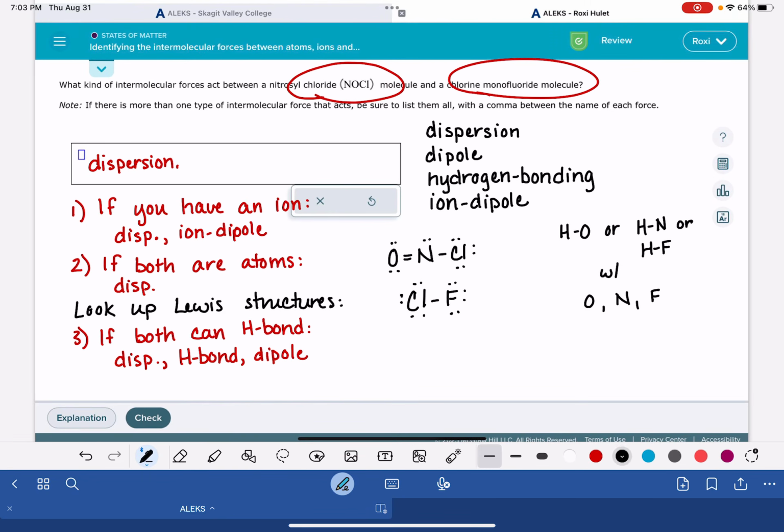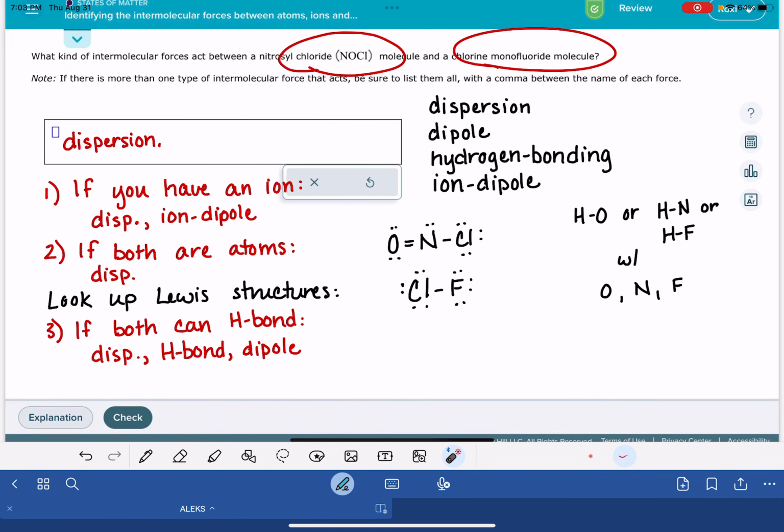Now, if none of these apply, like in my case, I don't have ions, I don't have single atoms, they are not capable of hydrogen bonding, then probably, and I'm going to put a big asterisk next to that, probably what you have are dispersion forces and dipole forces.